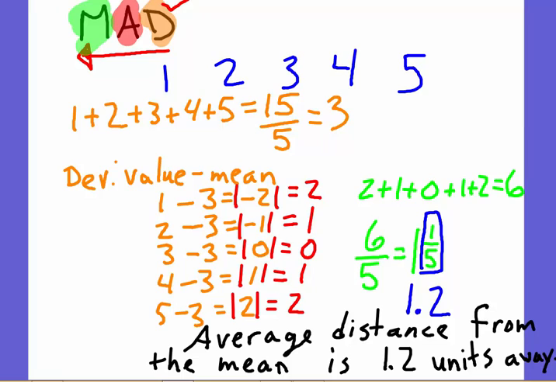So my average distance, looking at all this information, is 1.2 units away from my mean. My mean is 3, so the average distance away is 1.2.